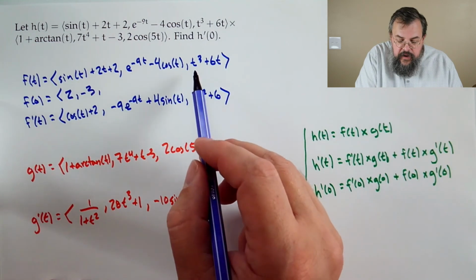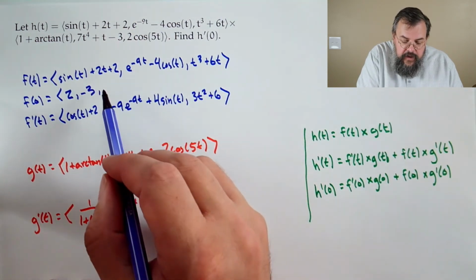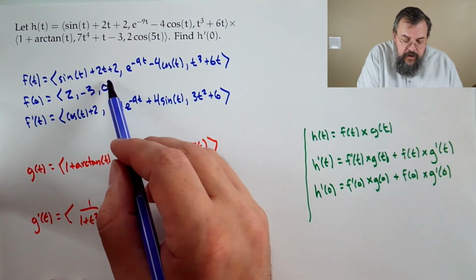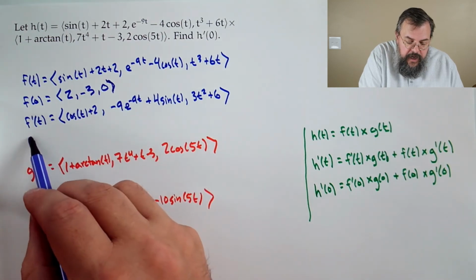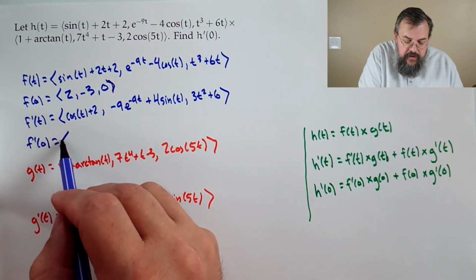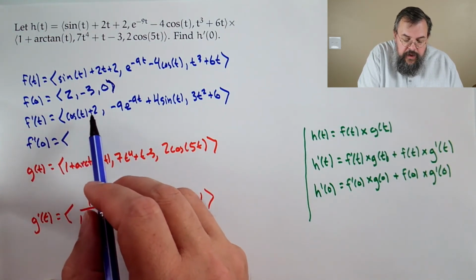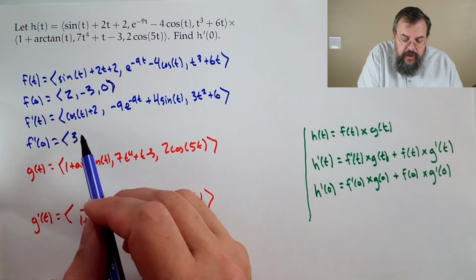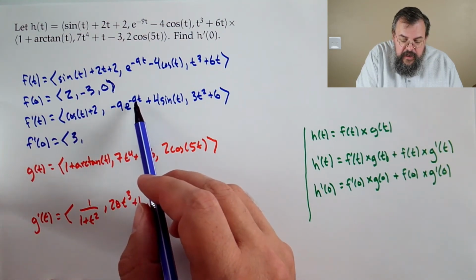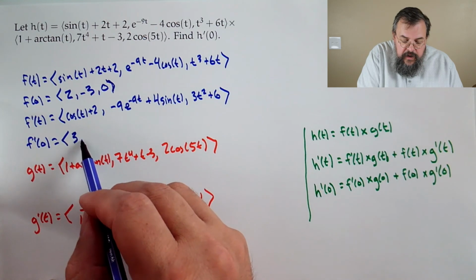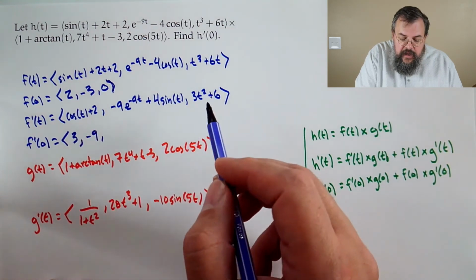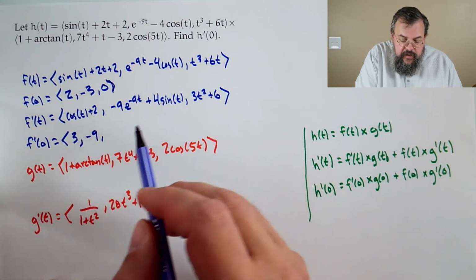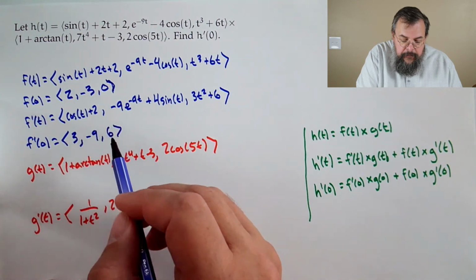And then 0 plus 0 is 0. f prime of 0 is 1 plus 2, 3. And then minus 9 plus 0, minus 9. And then 0 plus 6, 6.